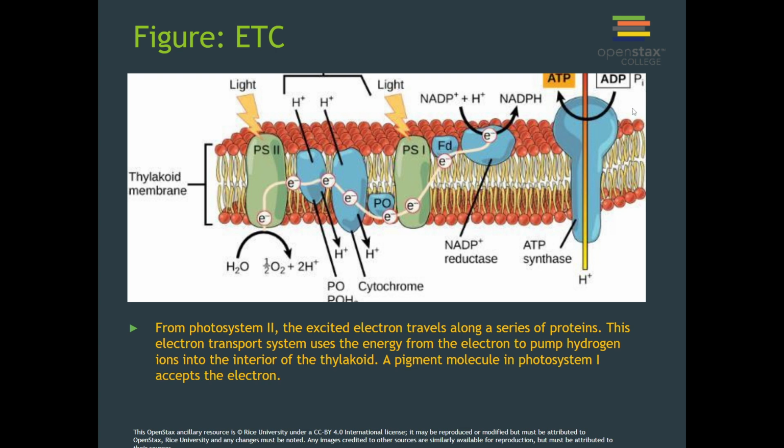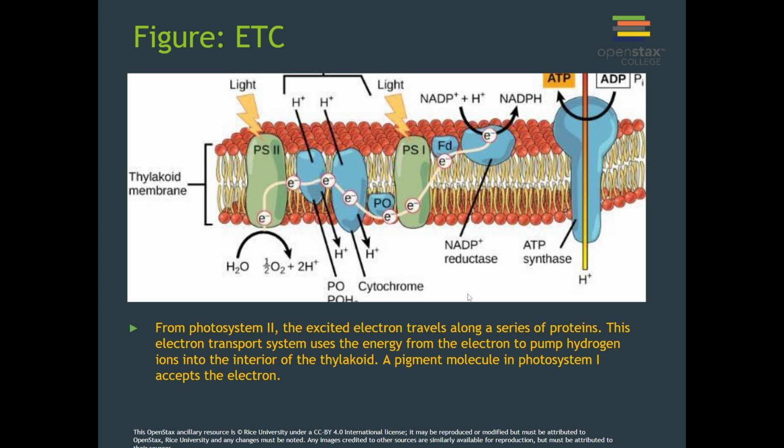We also see that ATP synthase is still present. ATP synthase is at the end of both photosystems and both electron transport chains, and it's going to use this buildup of hydrogen ions in the thylakoid membrane space to power the production of ATP by combining ADP and inorganic phosphate.